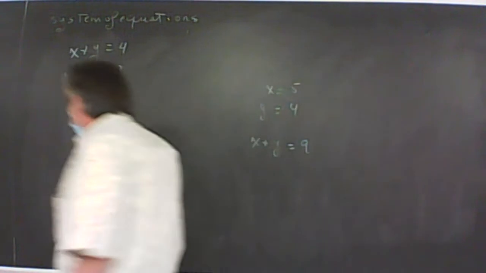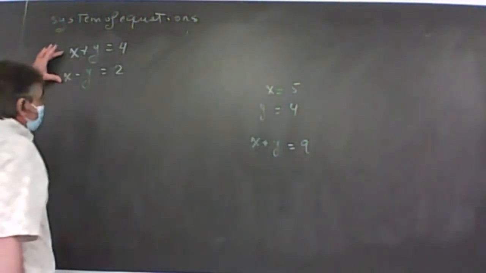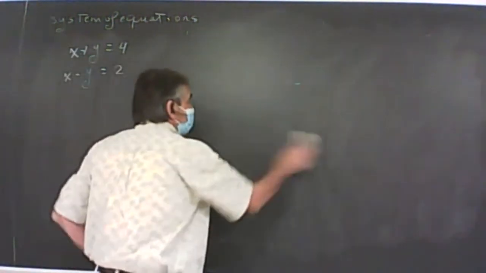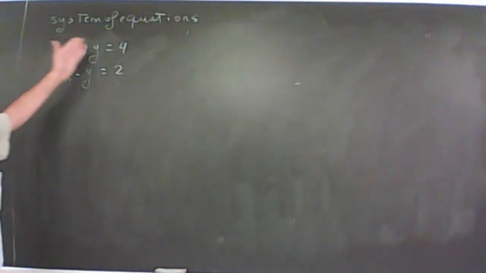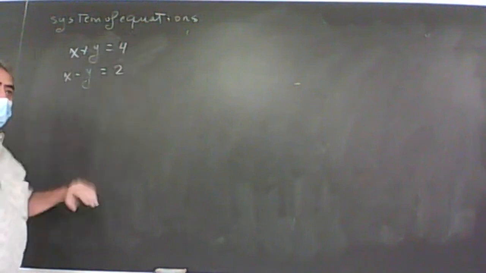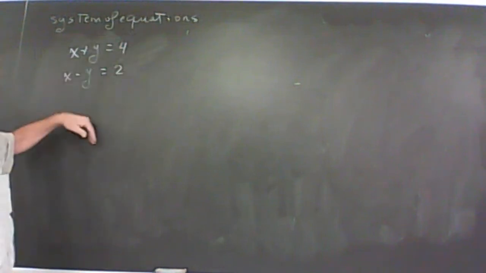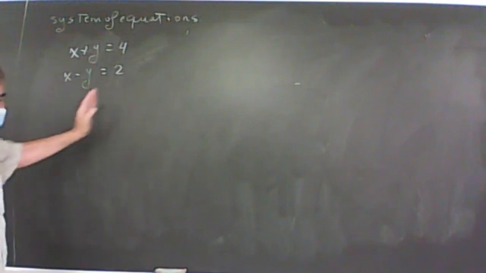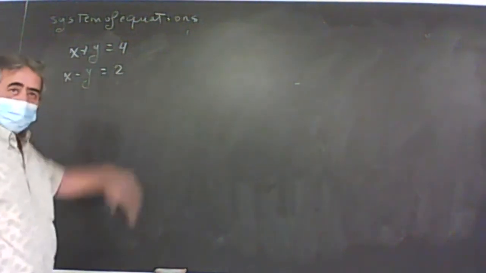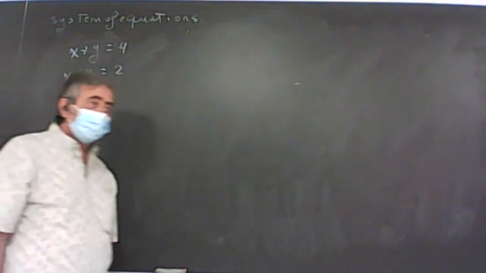Okay. So to do that, it'd be wise to have those equations in the same format. In the same format, meaning that if you have x, y equal a number, make sure all the equations are in that form. If you have x, y, a number equals 0, try to have all the equations in that fashion. Yeah?